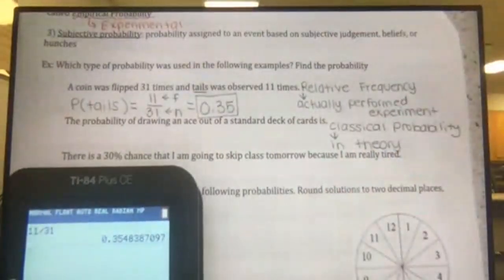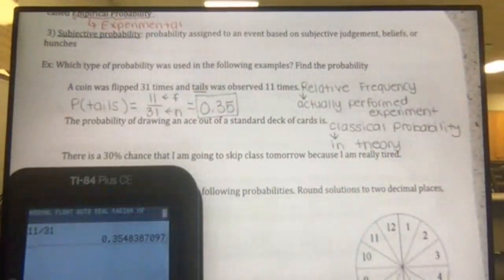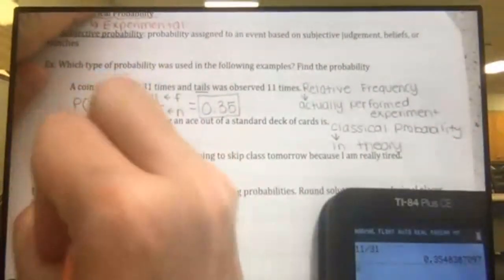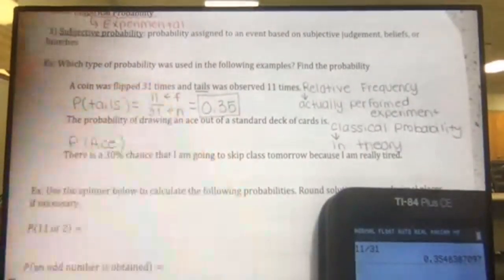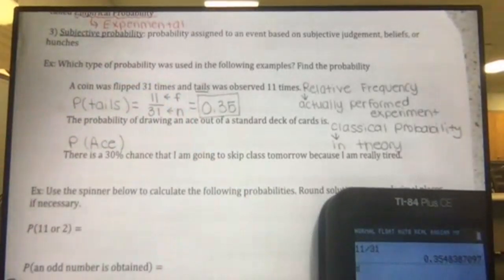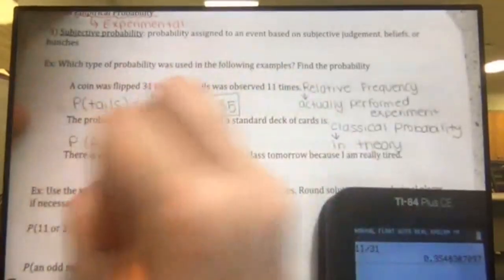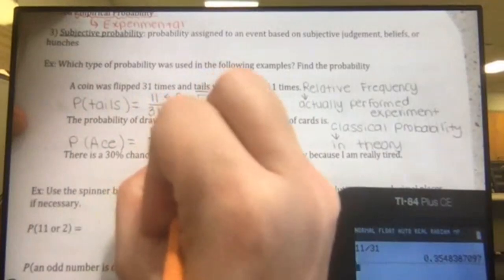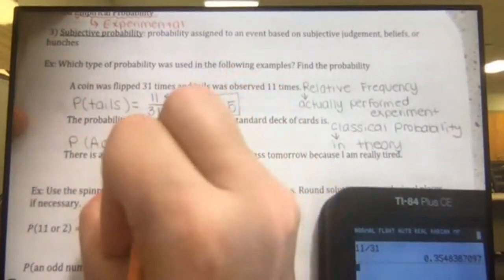The probability of landing on it or pulling out an ace. So how many aces are in a standard deck of cards? 4. So 4 aces out of how many cards total? 52.